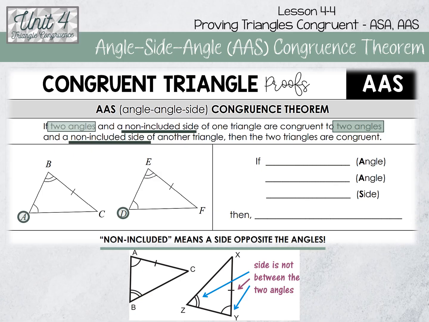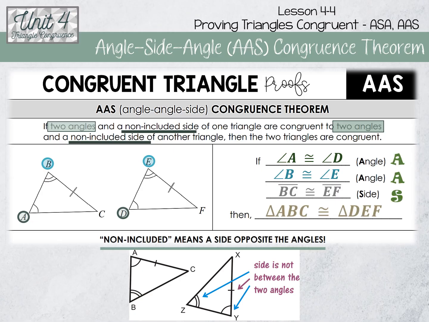So angle A is congruent to angle D, one set of angles. Angle B is congruent to angle C, second set of angles. And then we have a pair of sides that are not included. So segment BC congruent to segment EF. Then the triangles are indeed congruent using angle, angle, side theorem.